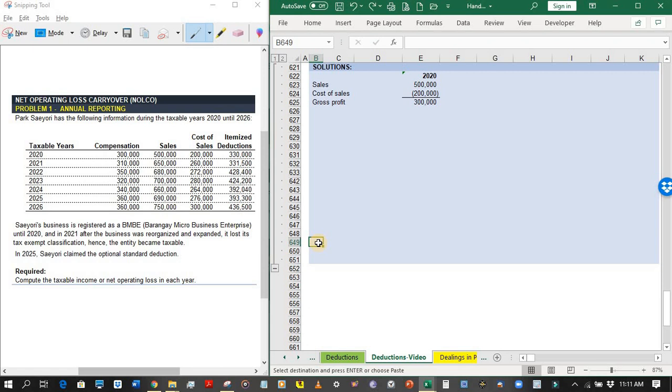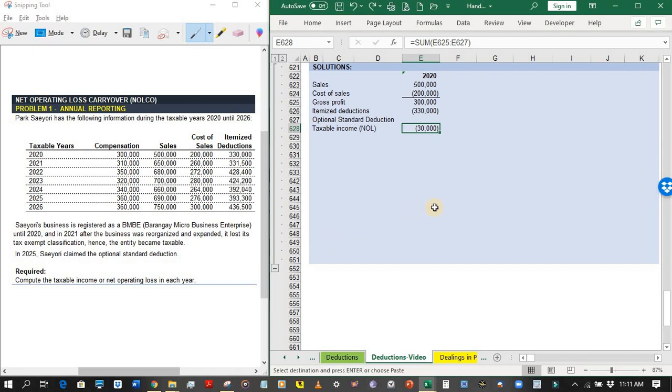So the itemized deductions in 2020 is 330,000 pesos. Then let's leave another space for the OSD for the 2025. Then our taxable income or the net operating loss, in case the itemized deduction is greater than gross profit, is 30,000 pesos.